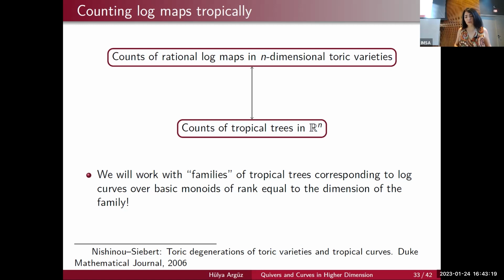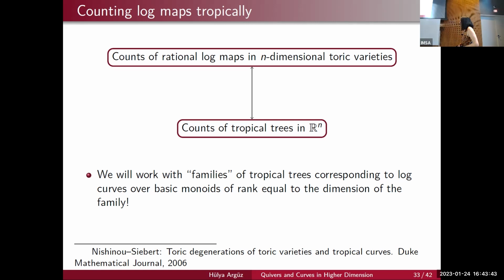The general theory of log Gromov-Witten invariants works for any scheme. If we just focus on toric varieties and rational maps, it is shown by Nishinou and Siebert that you can obtain the log Gromov-Witten invariants rather nicely. There's no scary virtual stuff going on here. You can just count them in terms of counts of tropical trees in R^n.